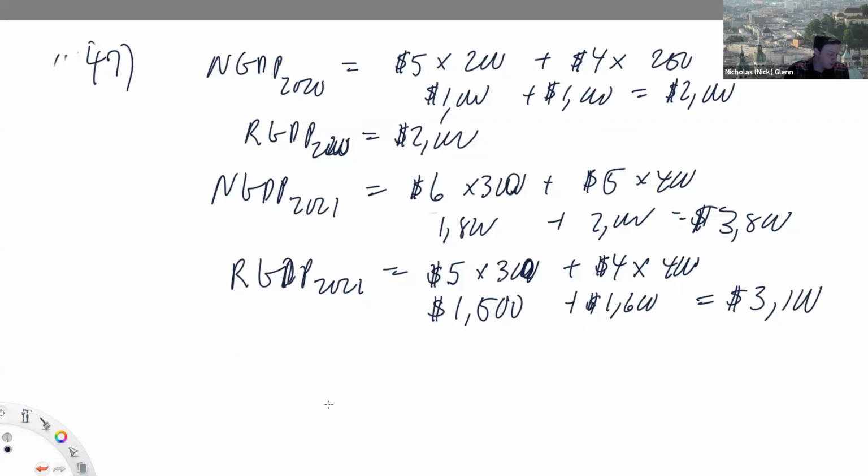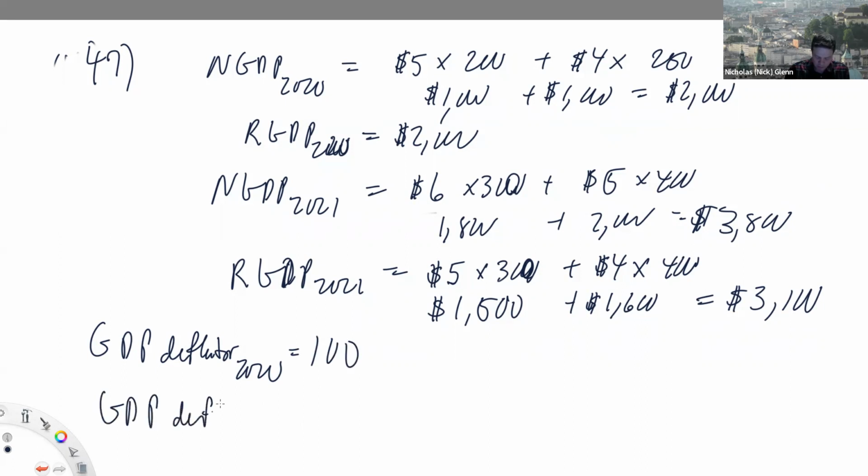All right, so now what we need to find, first, the deflator for 2020. That's the base year, so we know it's 100. Nothing to it. What about the deflator for 2021? Here's where you need to use your formula.